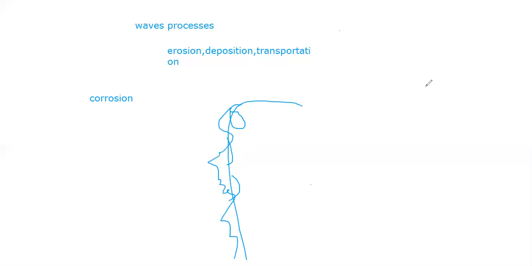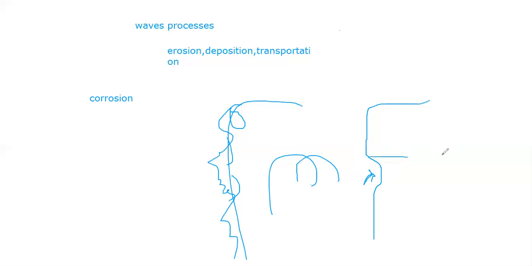Or sometimes what happens is that when the waves come in, right, they cut. So it's like this area of soft rock, and what happens is that it undercuts the cliff face. Sometimes that happens.